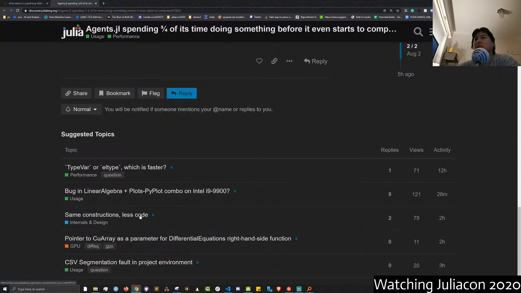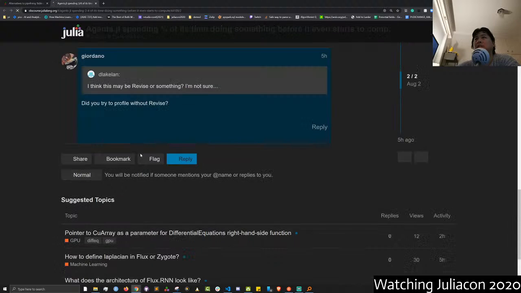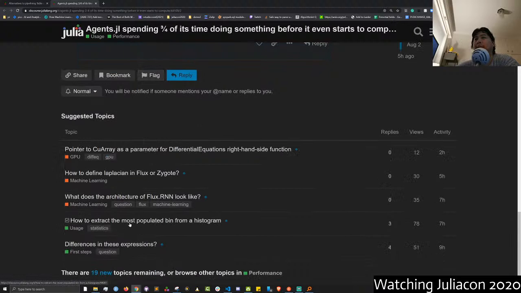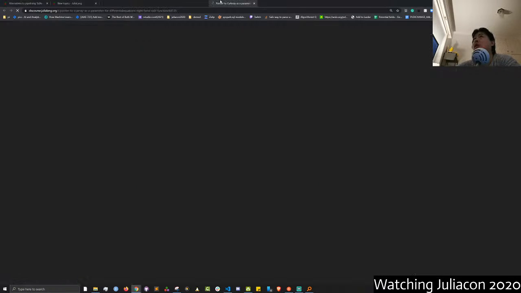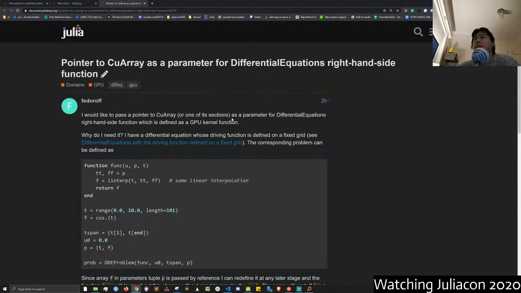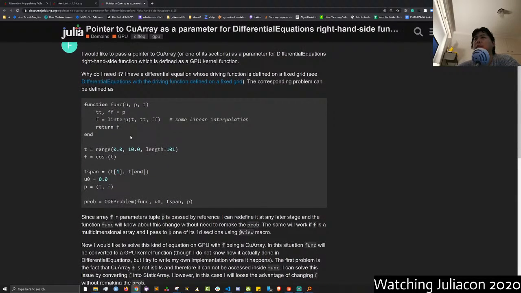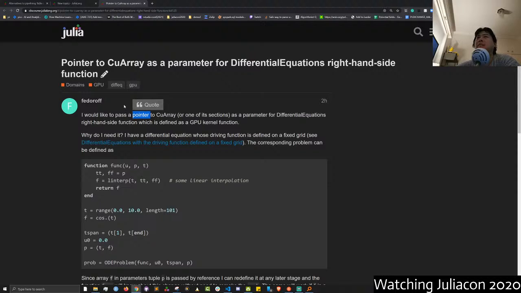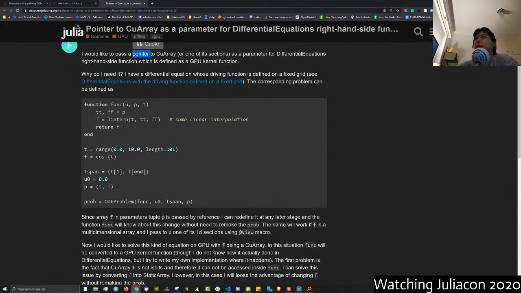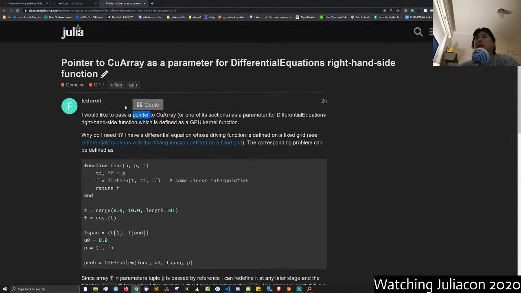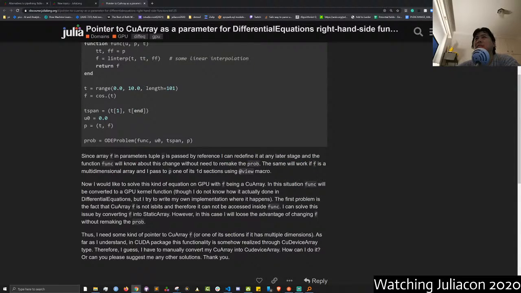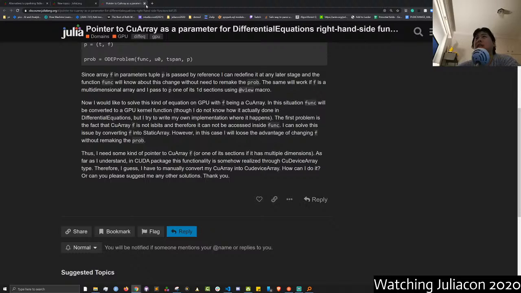Scene construction. Pointer to as a parameter. Okay, what's going on here? You want to pass a pointer? Well, maybe. Yeah. Understand that. In Julia, you don't have to do that. It's fine.